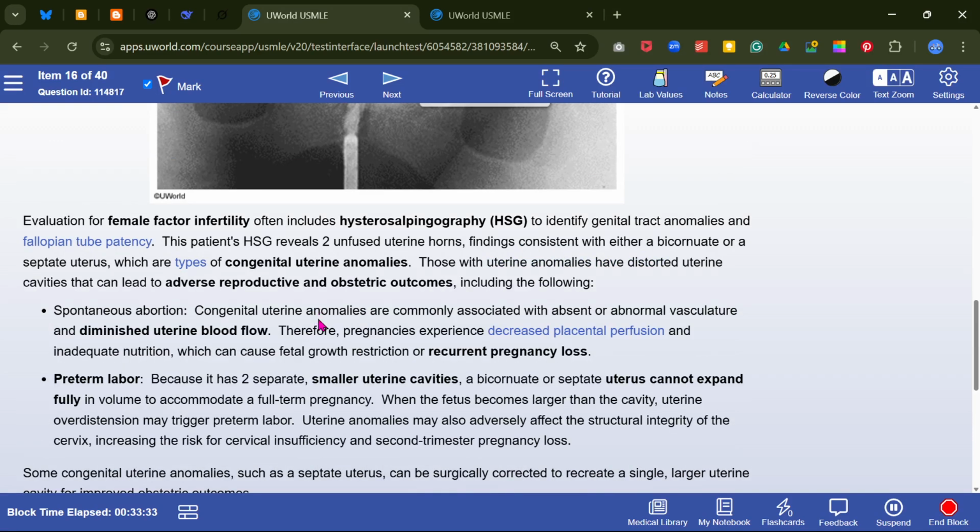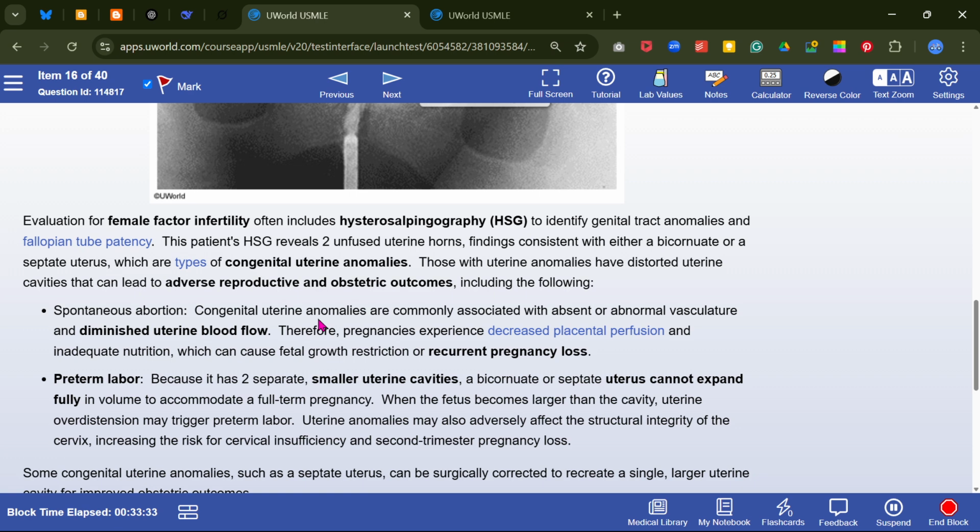Congenital uterine anomalies are commonly associated with absent or abnormal vasculature and diminished uterine blood flow. Therefore, pregnancies experience decreased placental perfusion and inadequate nutrition, which can cause fetal growth restriction or recurrent pregnancy loss, and preterm labor.